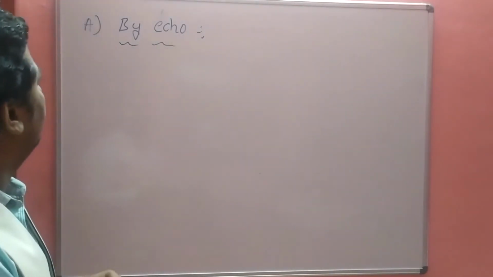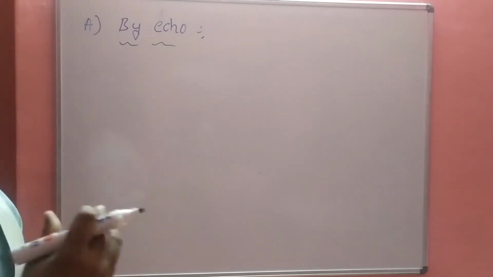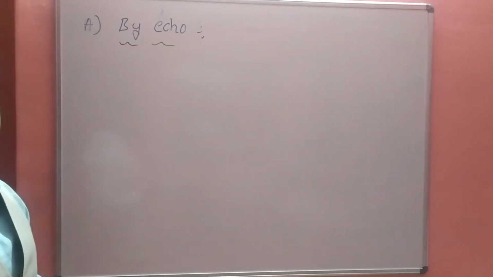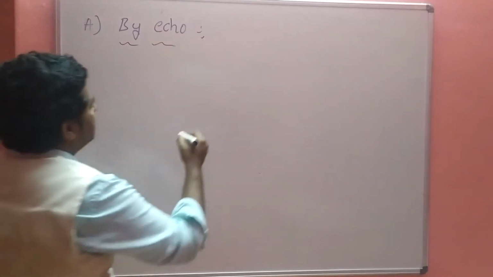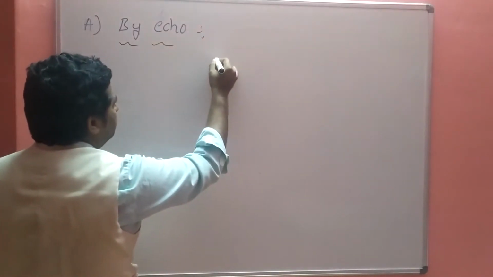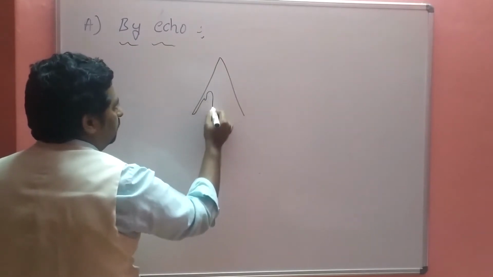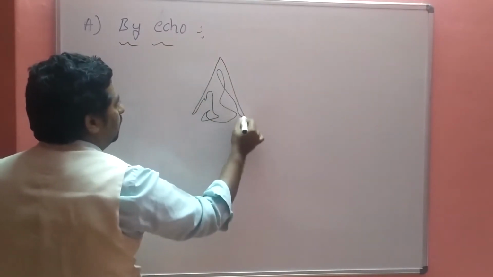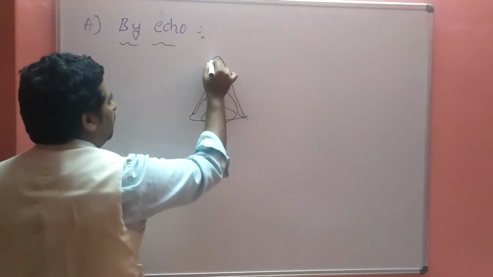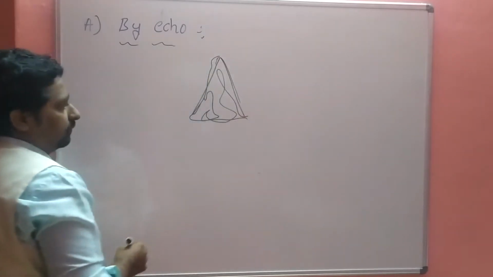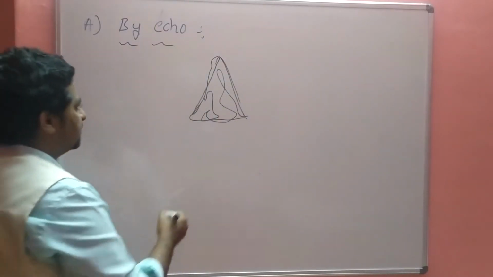So echo is produced from the sound waves. This is the obstacle, or this is a wall.